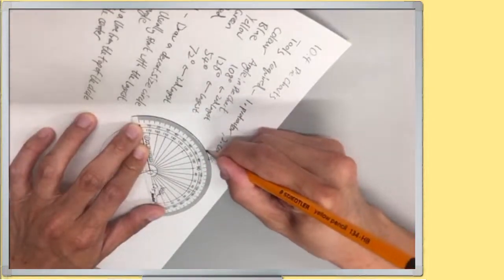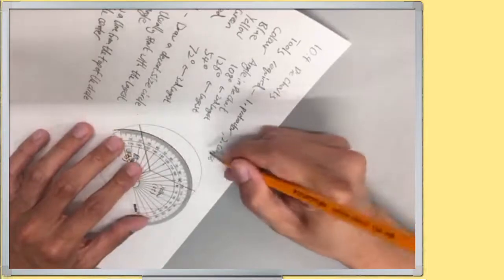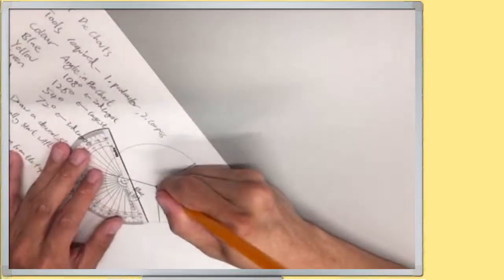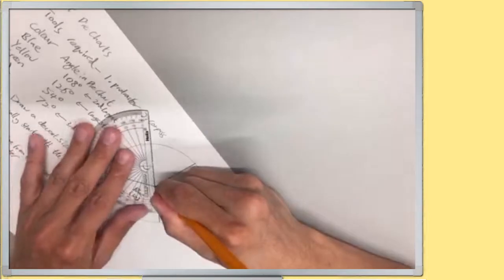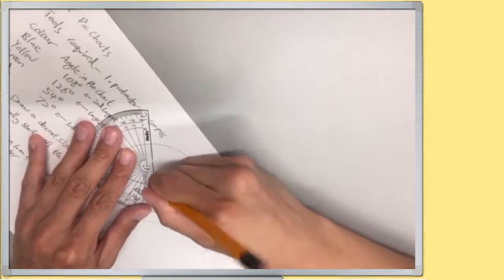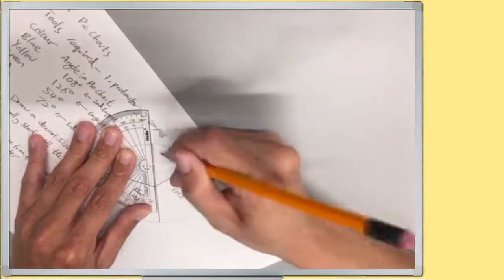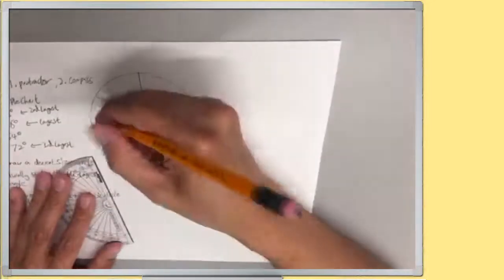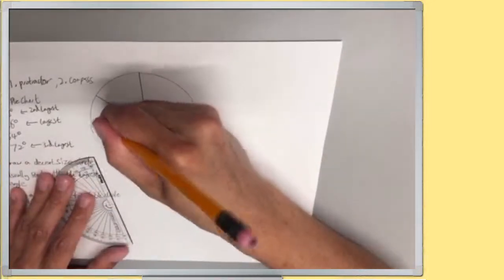That's over here. So I just did a dot. And then I'm going to go ahead and try to join the center towards that dot. Like that. Stopping at the edge of the circle. And then this part is red.